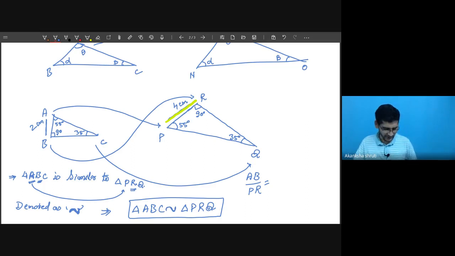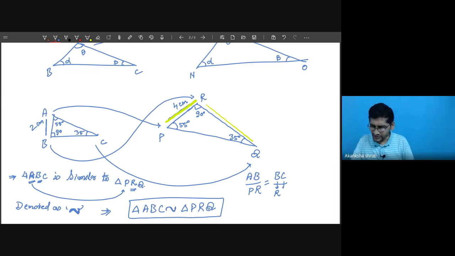Say for triangle ABC, I am taking this side length BC. Then BC is between 90 degrees and 35. So that side length you have to consider here, 90 and 35. B is matching with vertex R and C is matching with Q. So we can directly write below this the corresponding vertex of B. B's corresponding vertex is R, so you write R in the denominator.